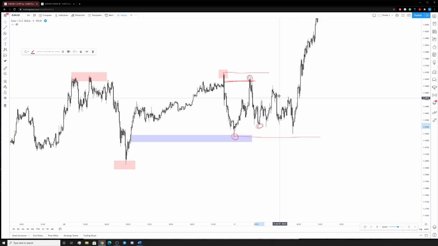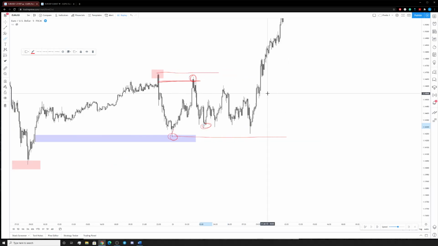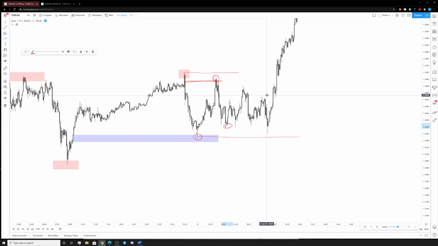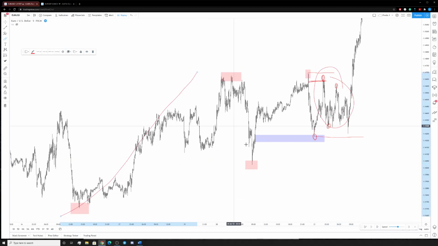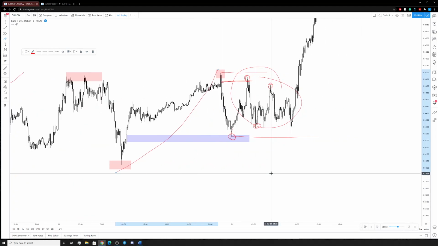So we're now inside of a very messy structure, just a very structured mess here, I guess I could say. And although this high did not create a new low, this new low did not create a new high. So to completely avoid any type of confusion here, keep in mind where our overall structure is. Our swing is bullish, our major intraday is bullish, our minor intraday is bullish.